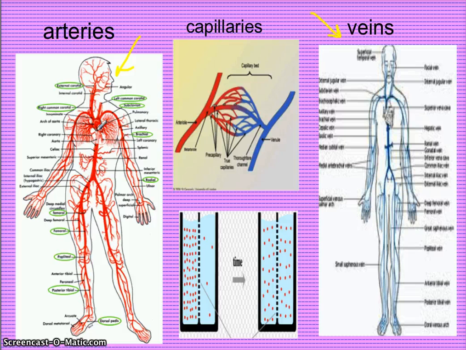There's a lot of pressure on the walls of these arteries, because that's a lot of blood in a quick amount of time. So it's kind of like you have to have something of substance. You can't just have a paper water hose. You have to have a rubber water hose or synthetic water hose. Same thing with these arteries. They have to be durable, because they're going to be working every second of your life.